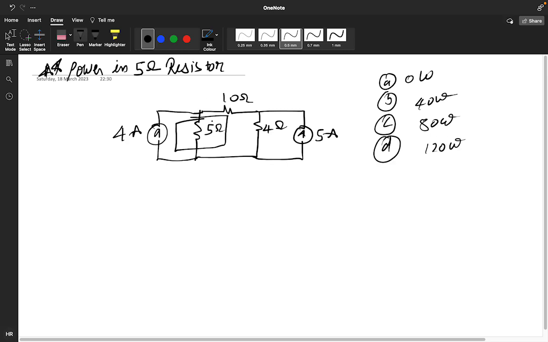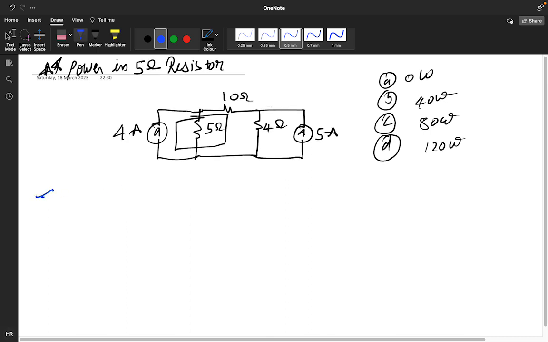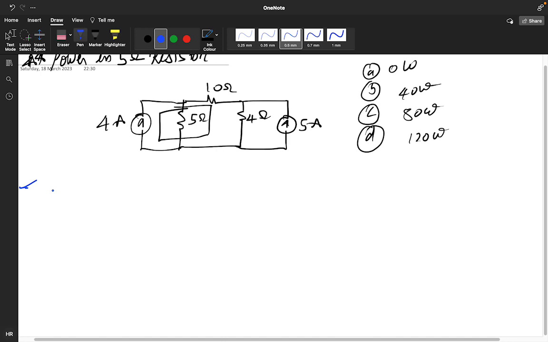You can find the value of the current and just do I square into R, with the superposition theorem also. Or you can do it with the VTH into RTH formation. I am trying with the Thevenin form, or we can go for a Norton equivalent also. So we'll go for the Norton equivalent.